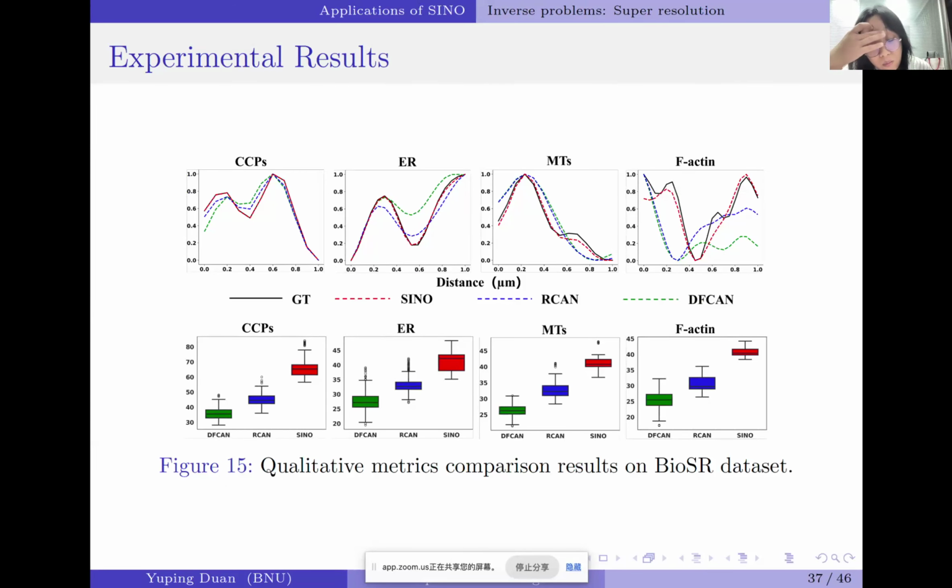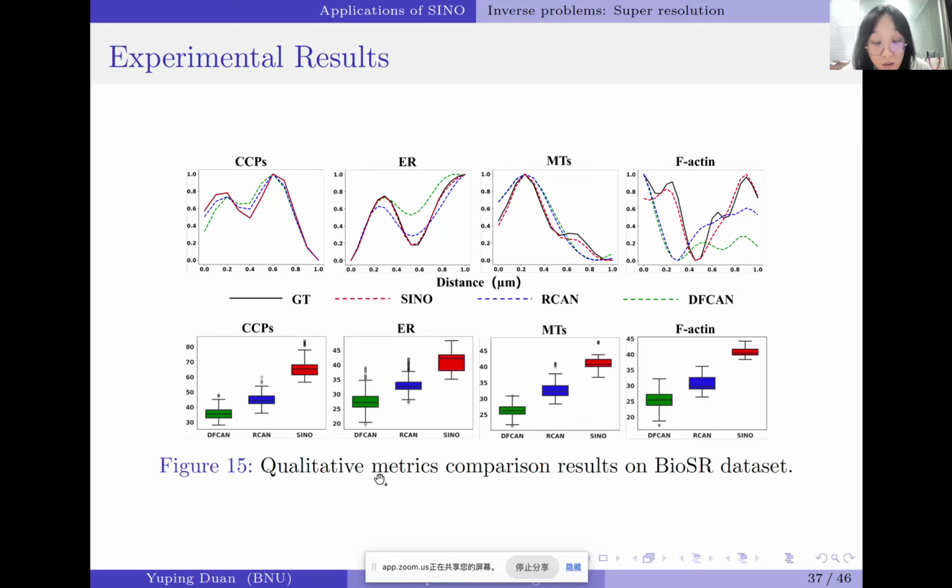This page gives a more quantitative comparison. The intensity profiles at the top row show the SINO signal follows the ground truth more closely. Here, the ground truth is the black line, and the SINO signal is the red dashed line.